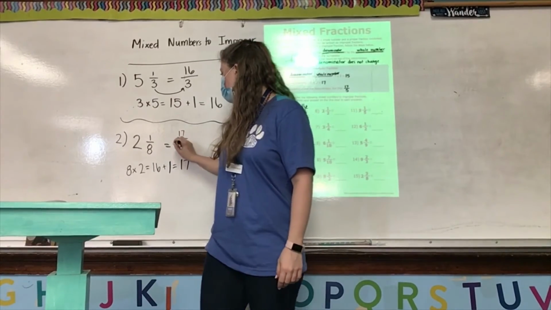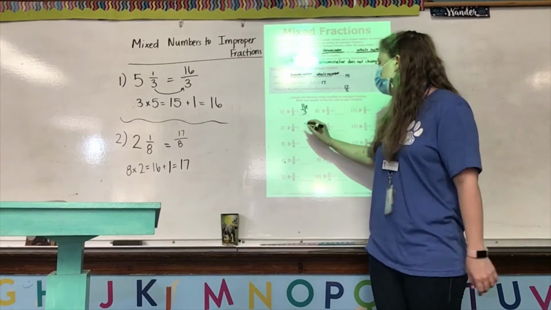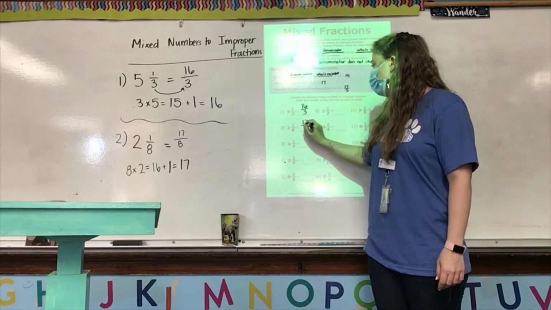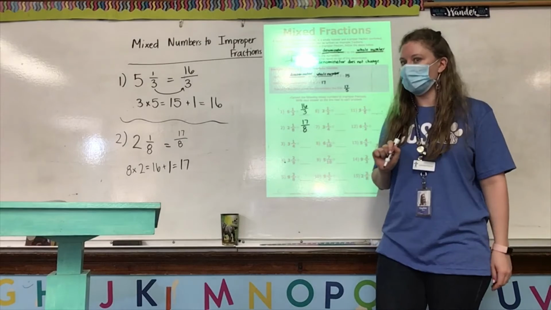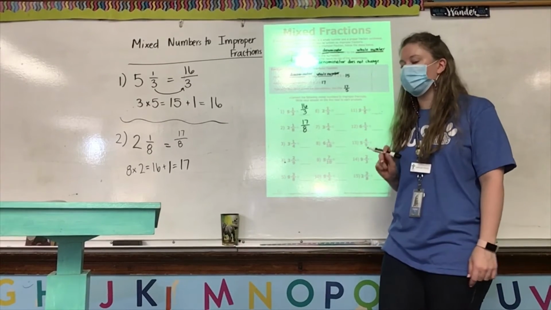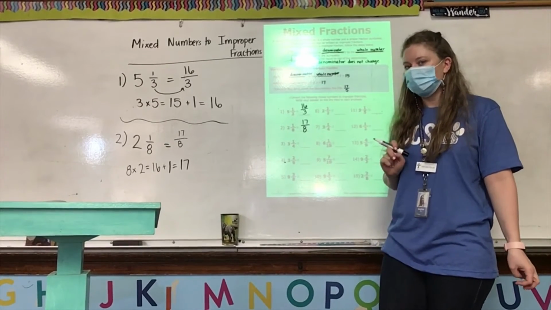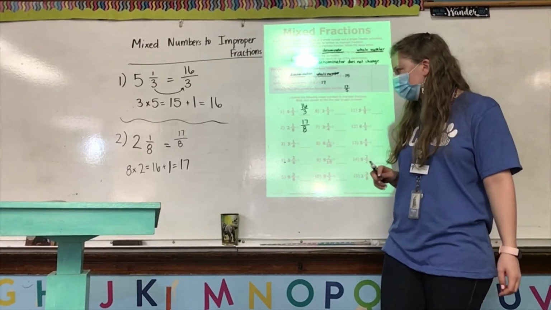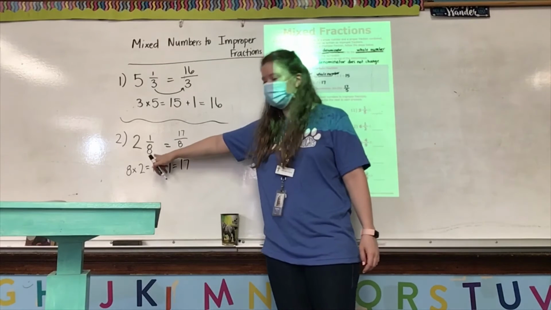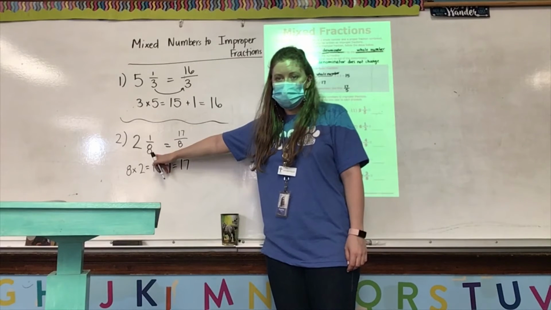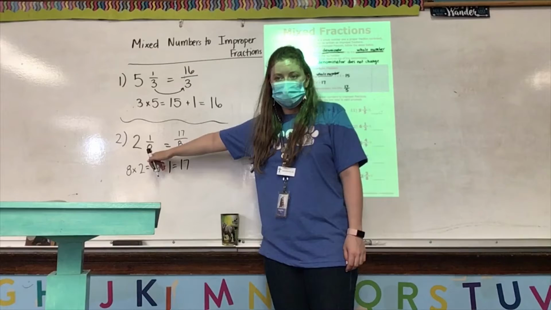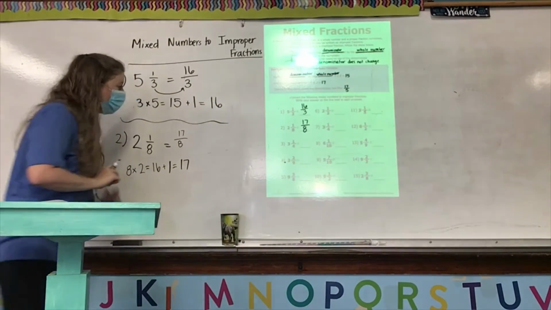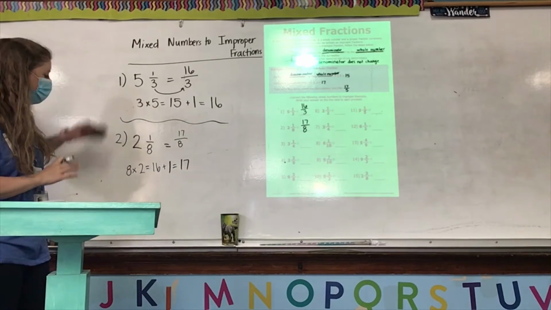So 2 1/8 is equivalent to? 17 thirds. Sorry, what is 2 1/8 equivalent to? 17 eighths. Be careful. Okay, number 3.